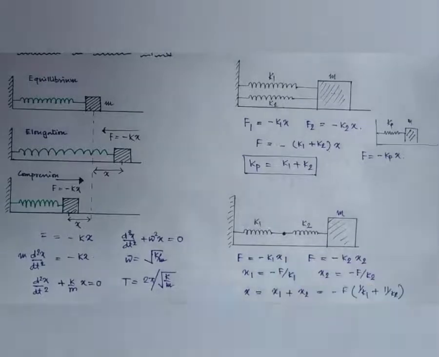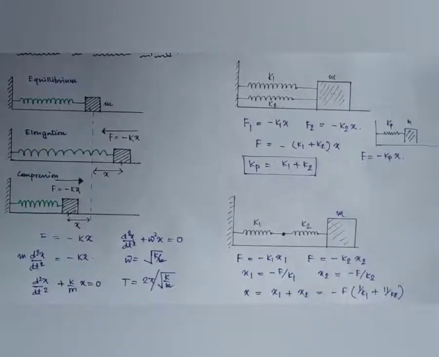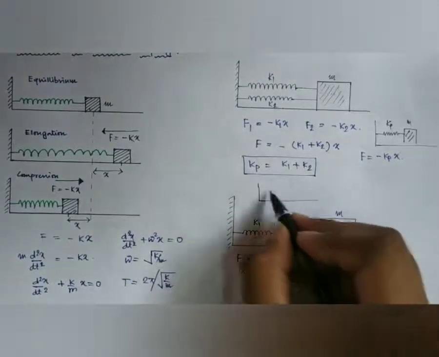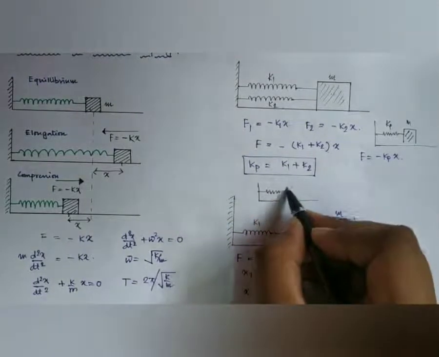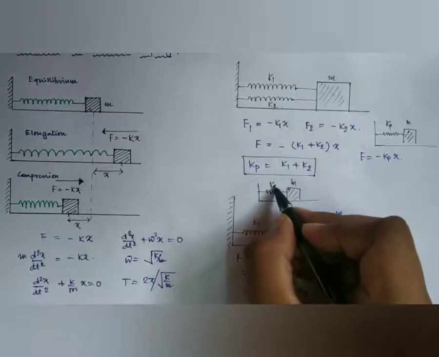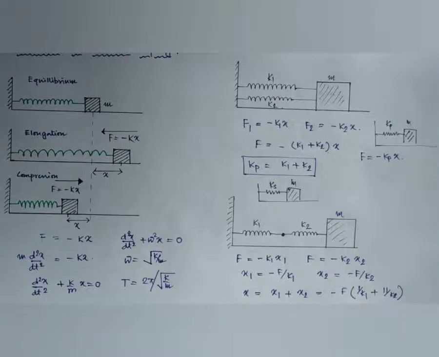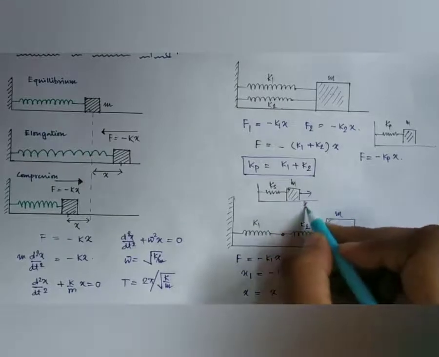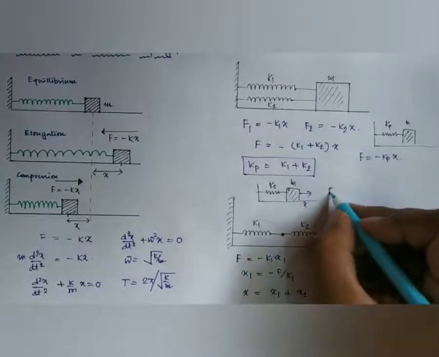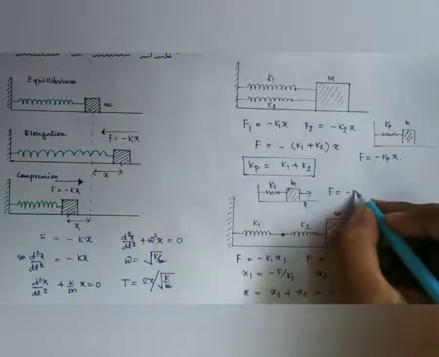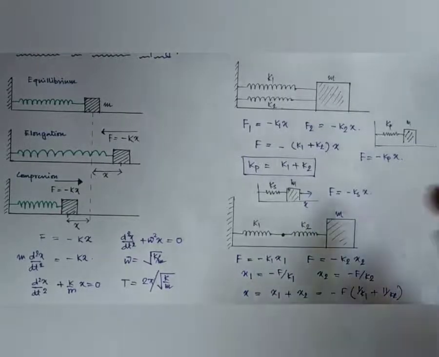And similarly, if we replace this with a single spring of the same mass m, and call it Ks, then if we displace it with the same extension x towards right, we have F equal to minus Ks x. So x equal to minus F by Ks.